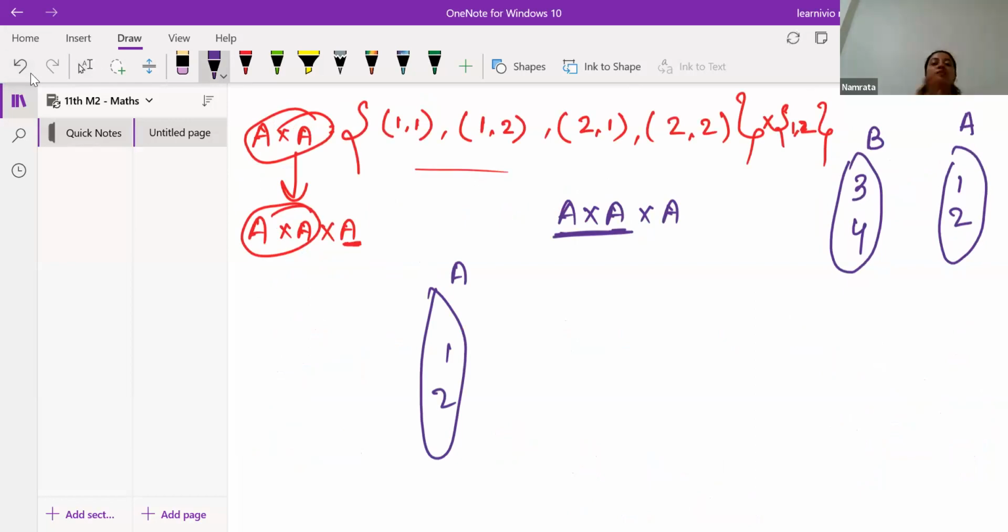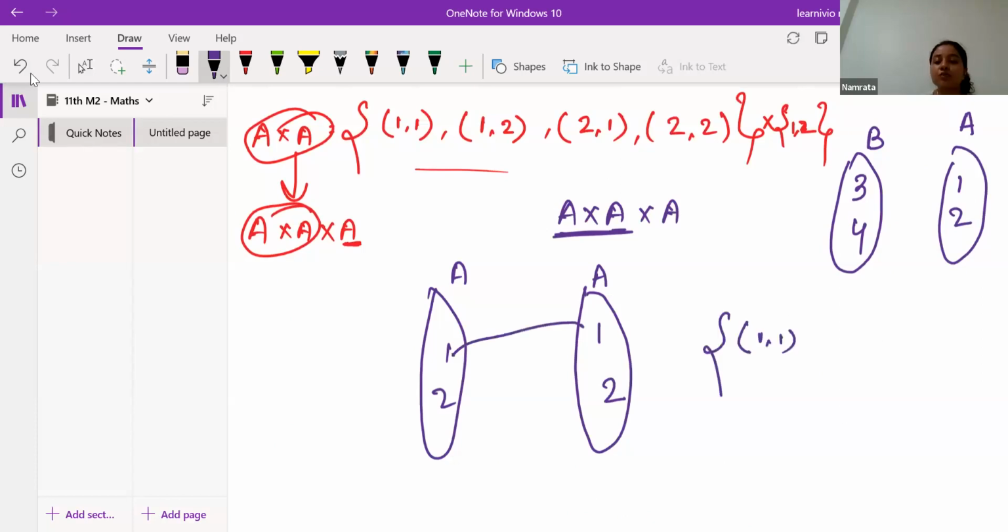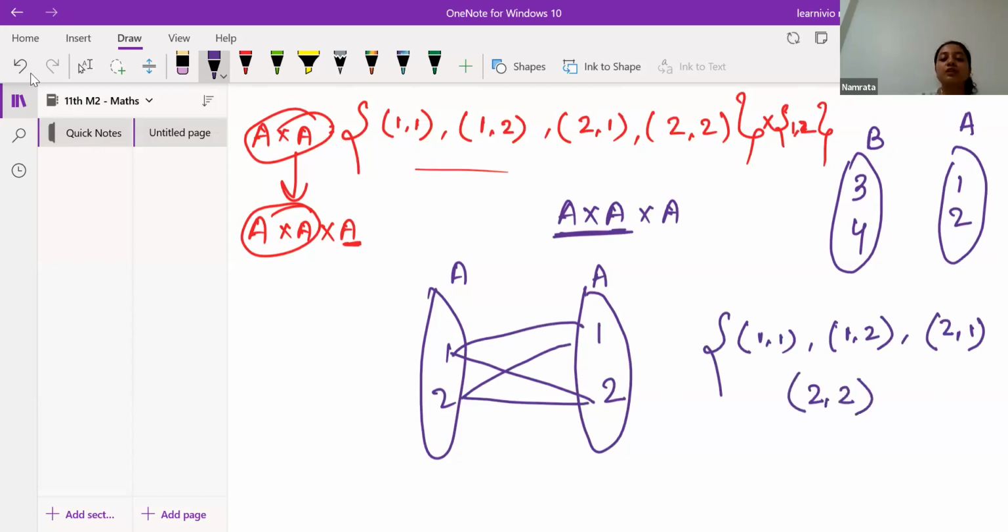So let's do it. Write A again. 1 with 1, then 1 with 2. Similarly, 2 with 1, and after that, 2 with 2. This is how we got A cross A.